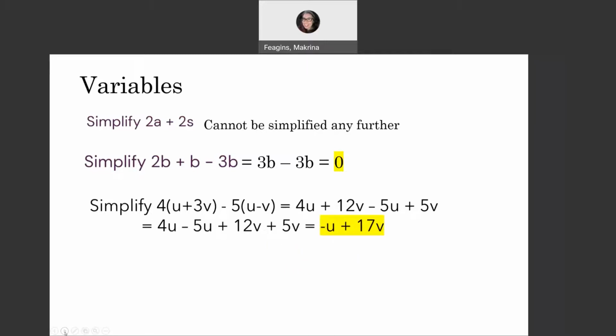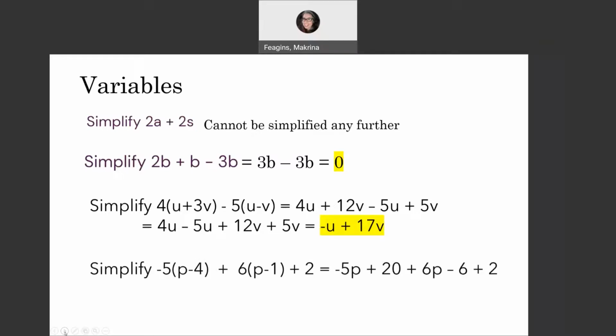You are building onto the previous concept, and so we started very elementary with the number sets, and now we're moving on to our algebraic properties. We want to combine like terms, so all the ones that have a u, we put them together. We end up with a negative u. All the ones that had a v, when we count them, will give us a 17v, and that would be our final answer for that third example.